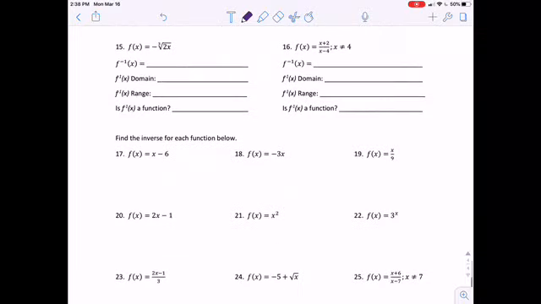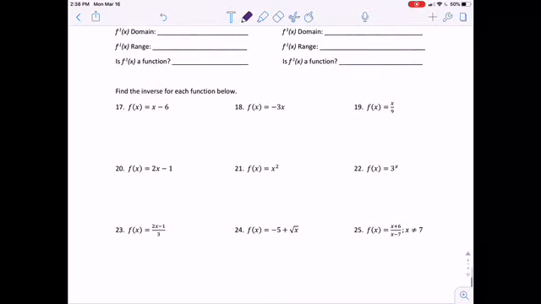Last but not least, in this last section I'm asking you to find the inverse of each of these functions. Remember that to find the inverse, all we have to do is switch the x and y and then get the y all by itself. So for example, here on problem 17, I'm going to write this problem as y equals x minus 6, because then I can switch the x and y.